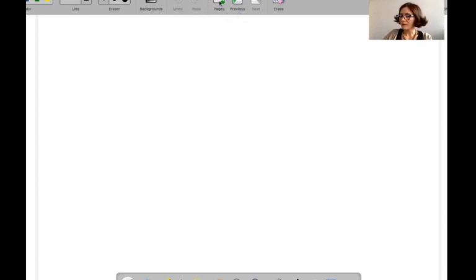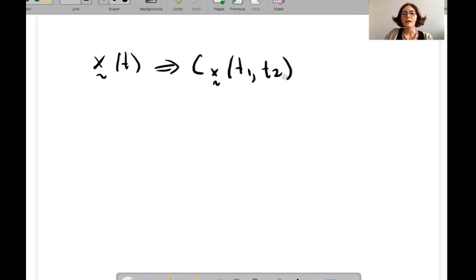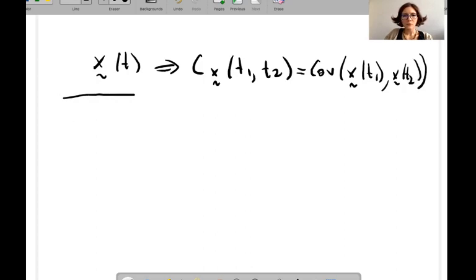When we had a single random process x of t, we had Cx of t1, t2, and remember this was nothing but the covariance of the random variables, so covariance of x of t1, x of t2. Now we are in the setting with two random processes, x of t and y of t, and we'd like to take this concept and generalize it for two random processes.